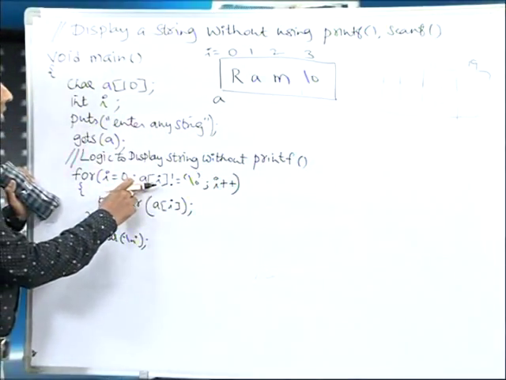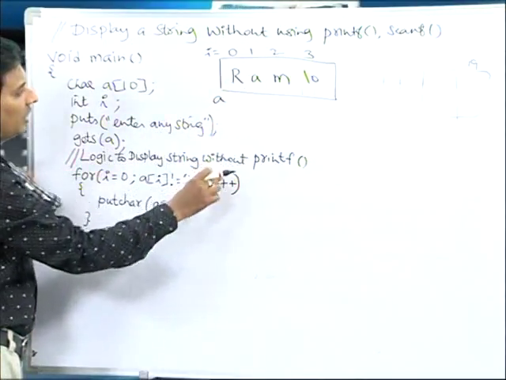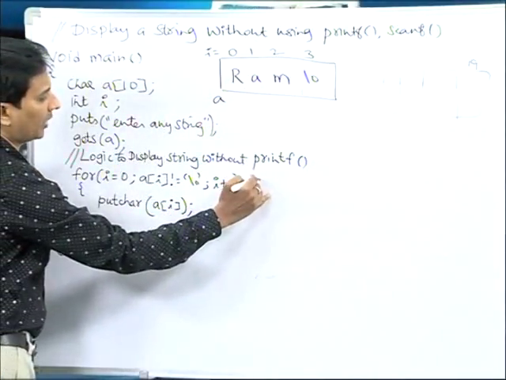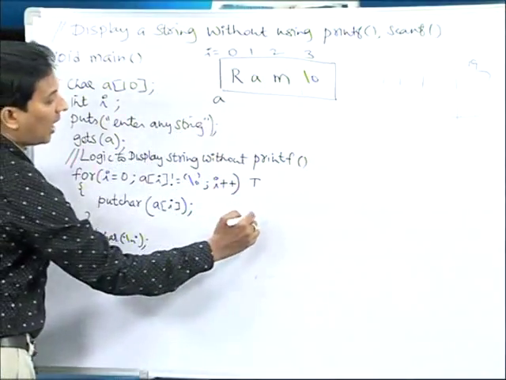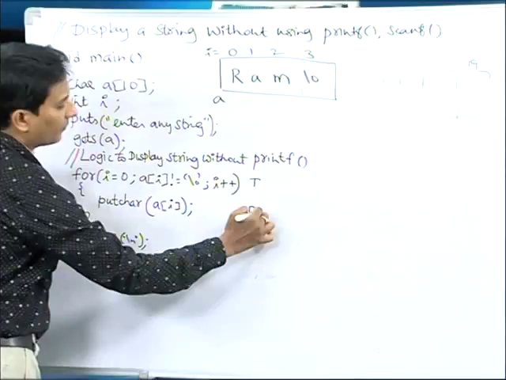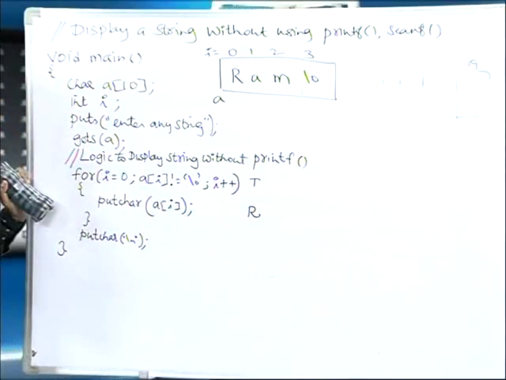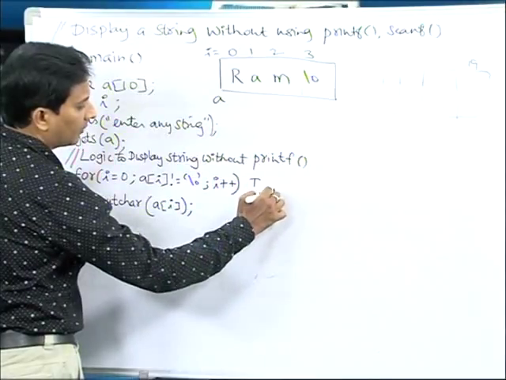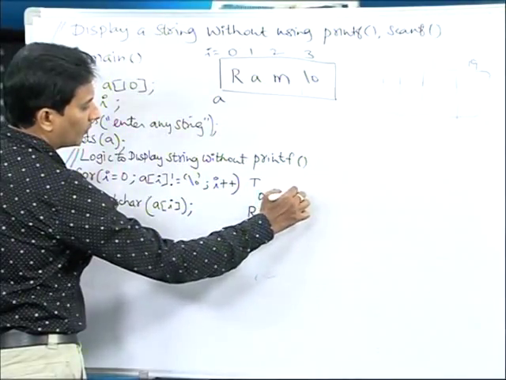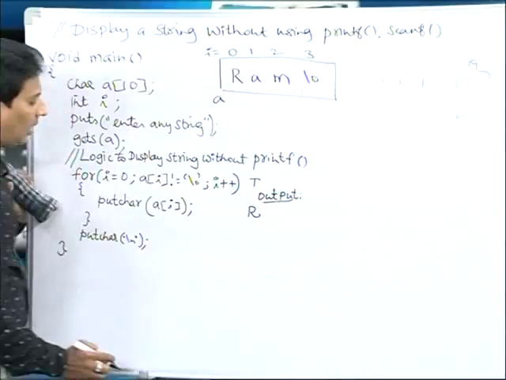A of I means what? A of 0 means R, which is not equal to backslash 0, so the condition becomes true. putchar A of I, where I is 0. R is displayed on the screen. This is the output we are getting now.